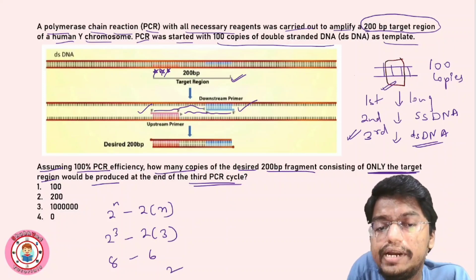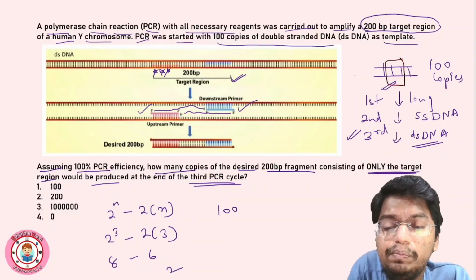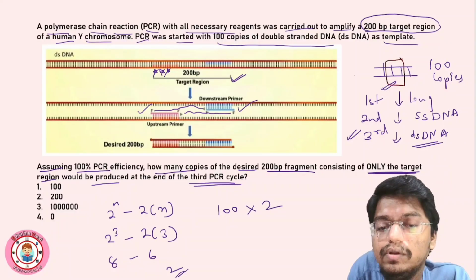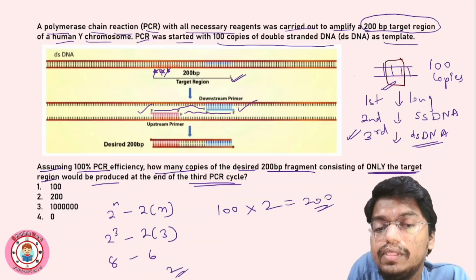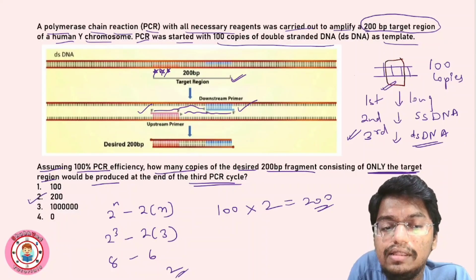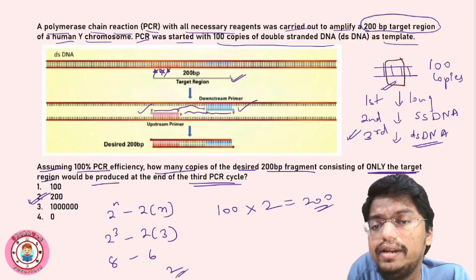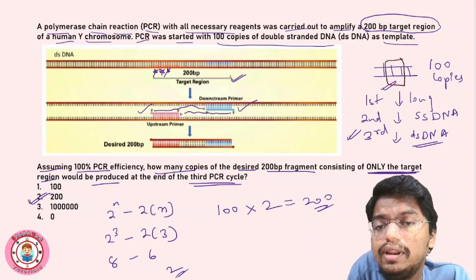Now the starting material, how many copies? 100 copies. Multiply with this 2, and then you will get 200. So 200 will be the answer, right? For this type of questions, this is how you can answer, of the target region if they have specified.